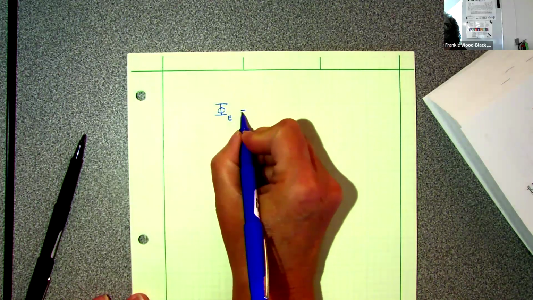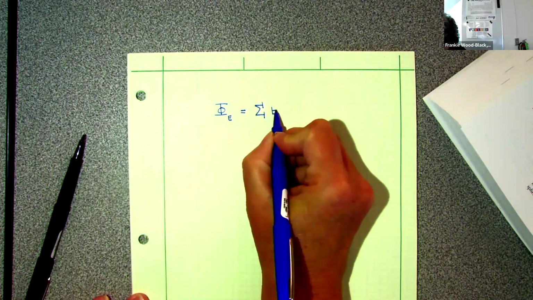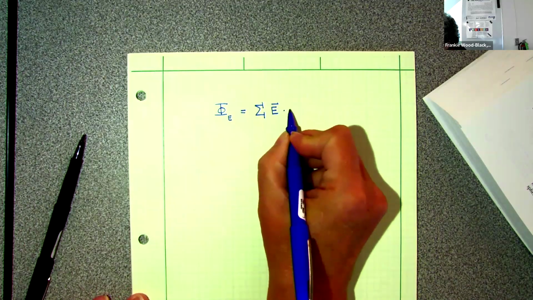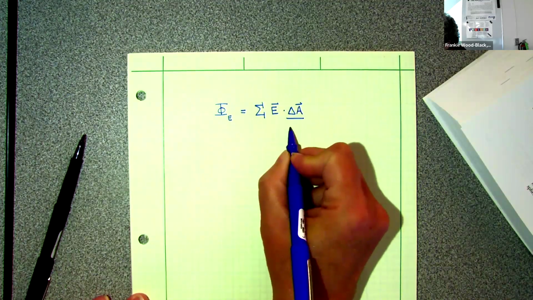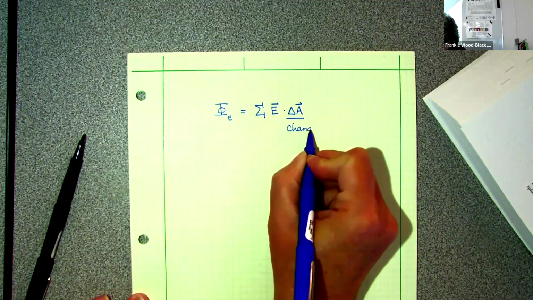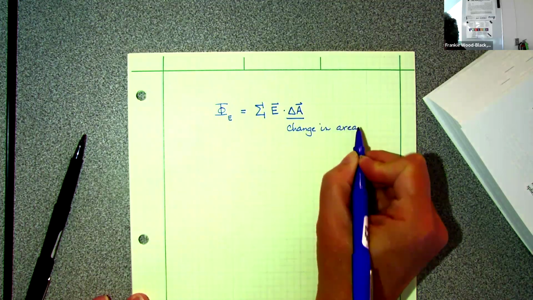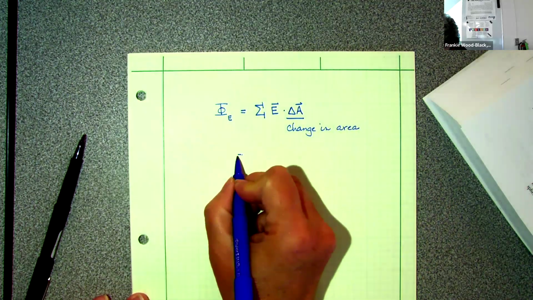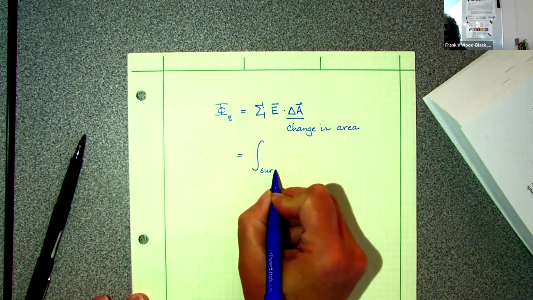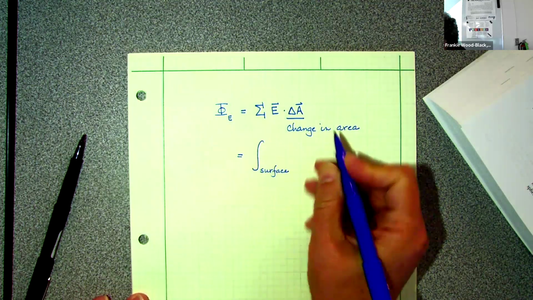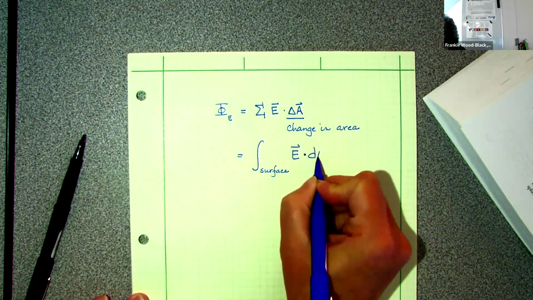It is going to be equal to the sum of all the electric fields times my little incremental change in area, or I can represent this as an integral about the surface. And that's going to be my E dot product dA.